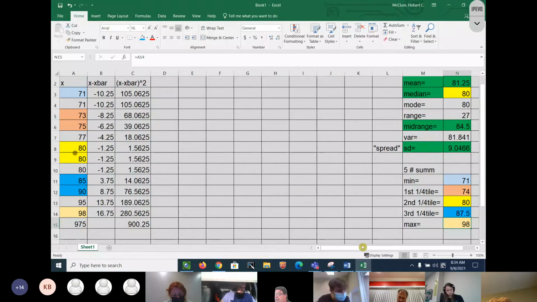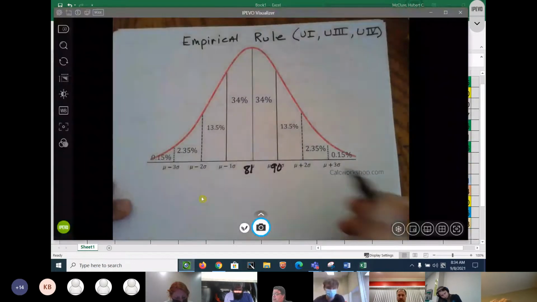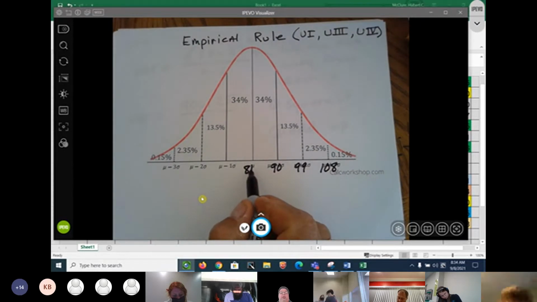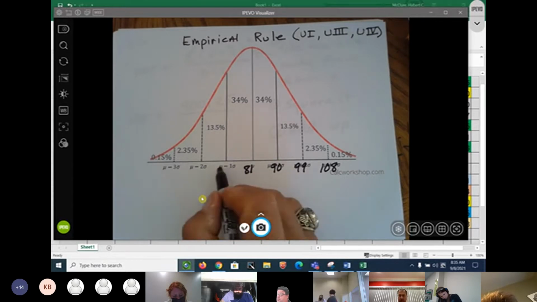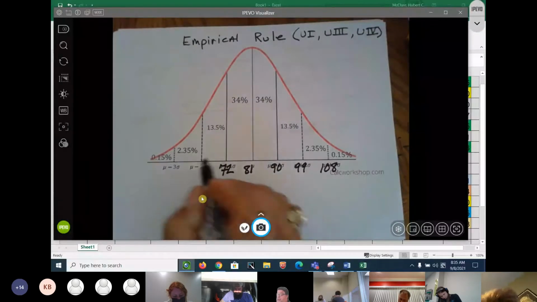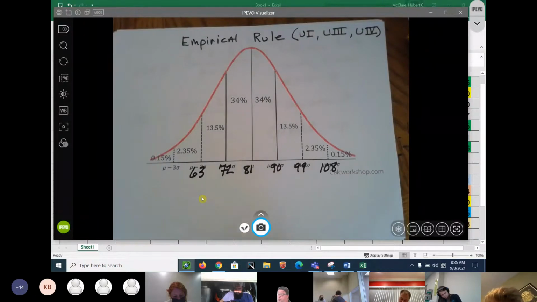So on the right side of the number line from 81, I'm going to add 9. So this is going to be 90. This is going to be 99. And this is going to be 108. And on the left, 81 minus 9 is 72. 72 minus 9 is 63. 63 minus 9 is 54.